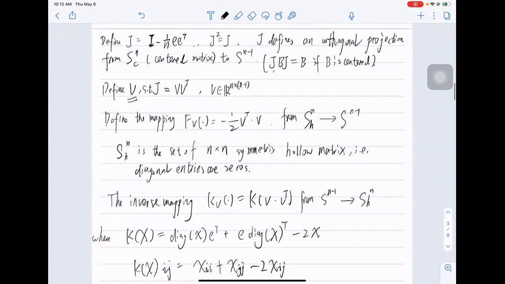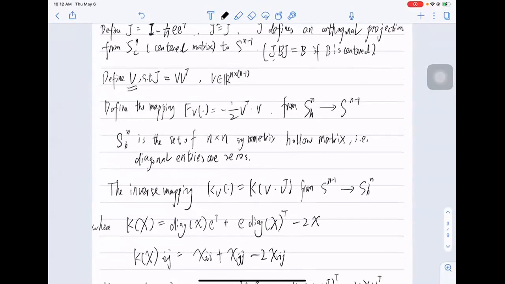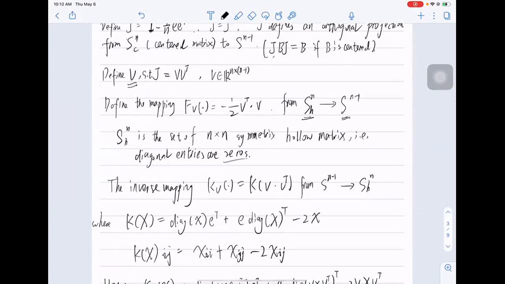Then we can define the linear operator tau_V of D equal to minus 1/2 times V transpose D V. This is a mapping from the hollow space S_H^n, the set of n by n symmetric hollow matrices, i.e. the diagonal entries are zeros, to S^(n-1).